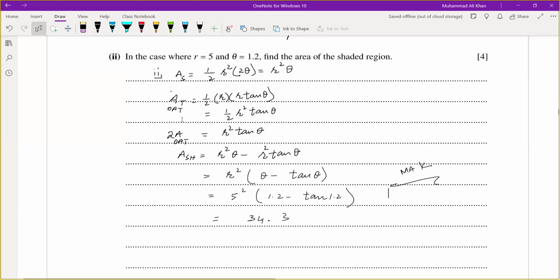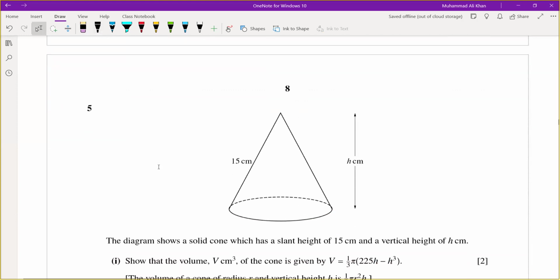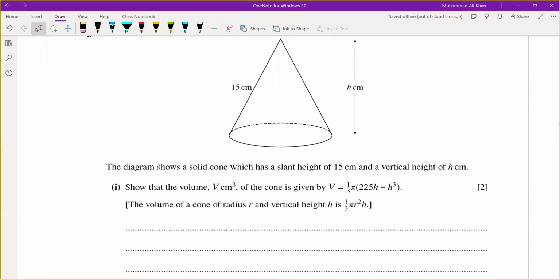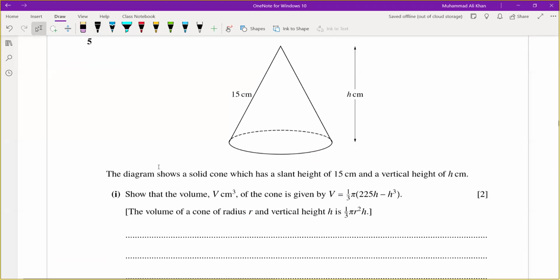Now, next पर आते हैं जनाब. Question number 5. Here, show that the volume of the cone is given by this. The volume of a cone of radius r, the formula for volume of the cone is given. The volume equals to 1/3 pi r squared h.